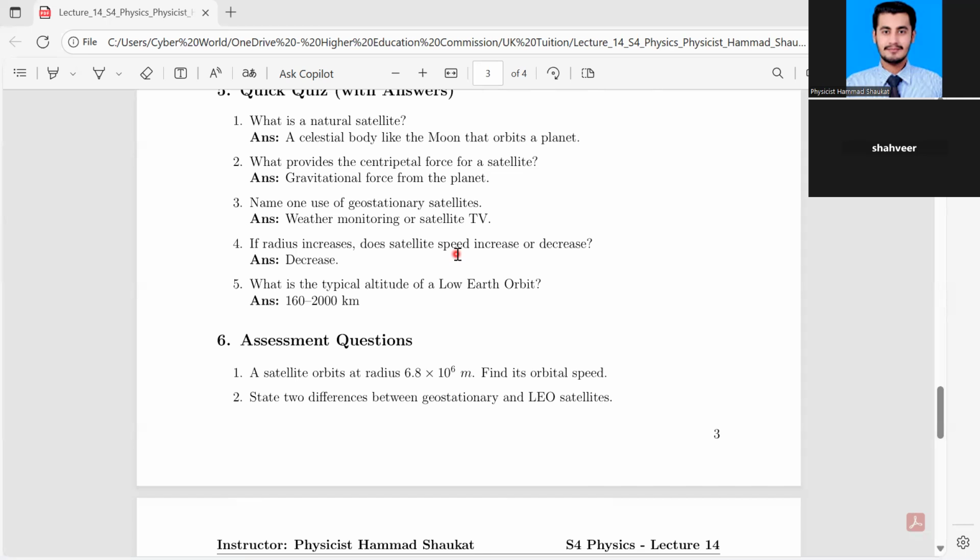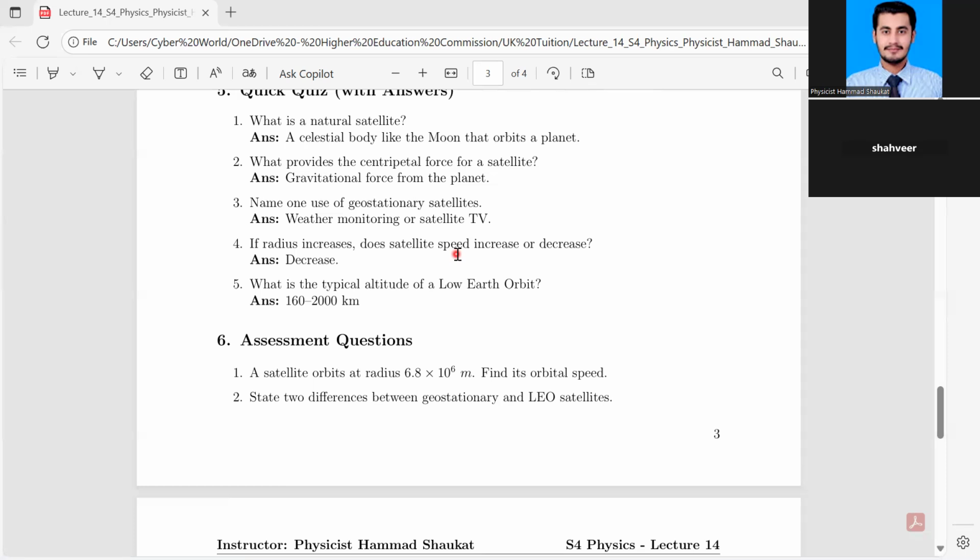Okay, so the last question is, what is the typical altitude of a low Earth orbit? 160 to 2,000 kilometers. Yes, so if some satellite is revolving at this altitude, we can say the satellite is revolving in low Earth orbit.